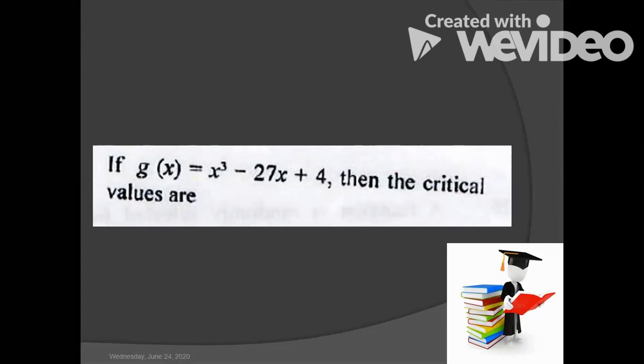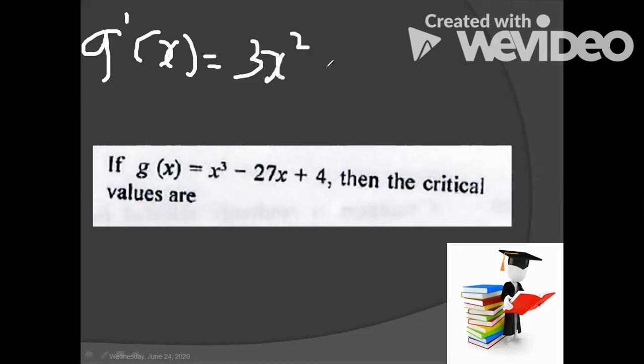Now if they ask you to find the critical point, it's different from asking what the critical values are. The critical values are just the x values that you get when you set the derivative to 0. So to answer this question, we're going to differentiate the g function here, so it becomes g prime of x, and that is equal to 3x squared minus 27.